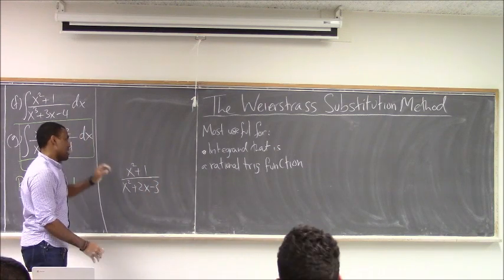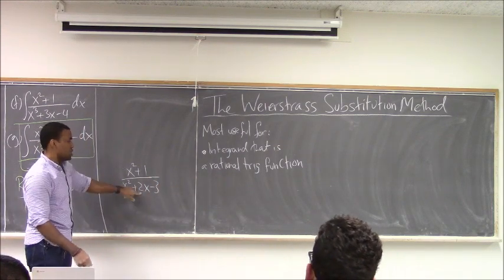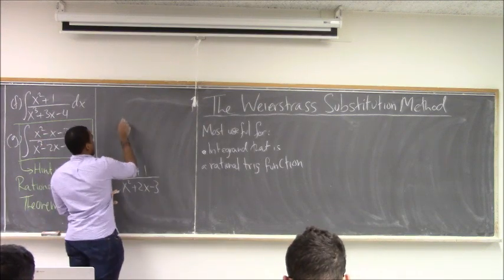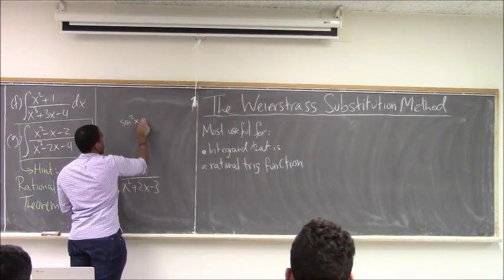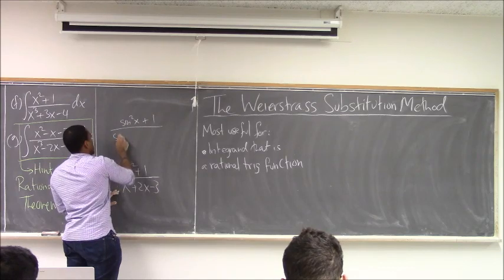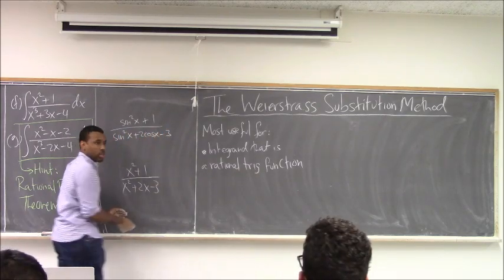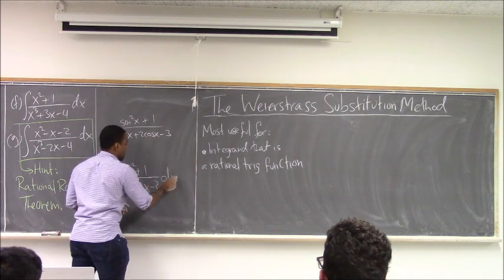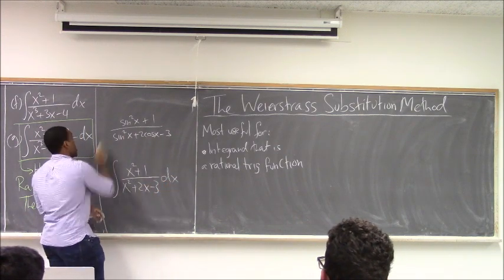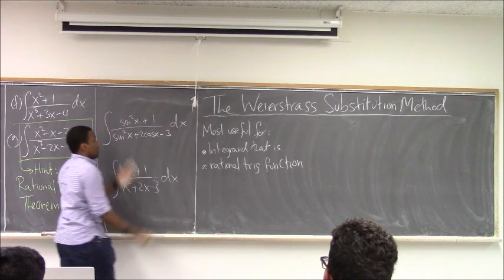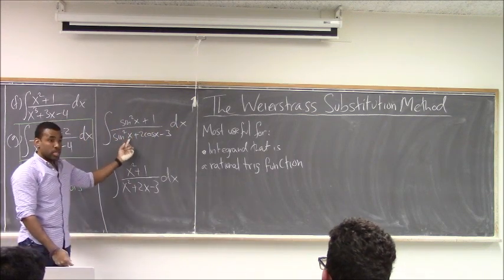Just imagine that kind of function, but instead of x's, you have trig functions. So you'd have something like sine squared x plus 1 over sine squared x plus 2 cosine x minus 3. If you see something like this, then a Weierstrass substitution might be something that you can try.